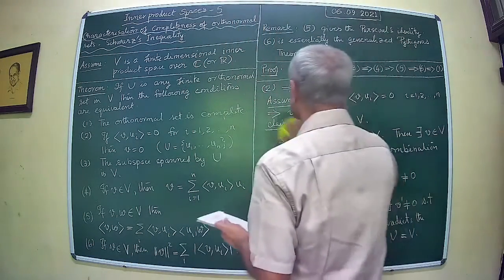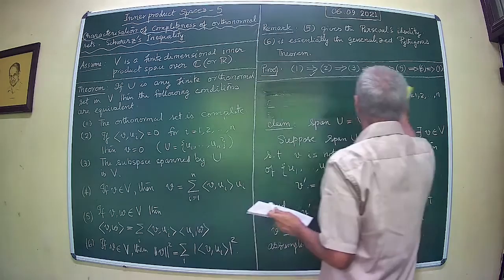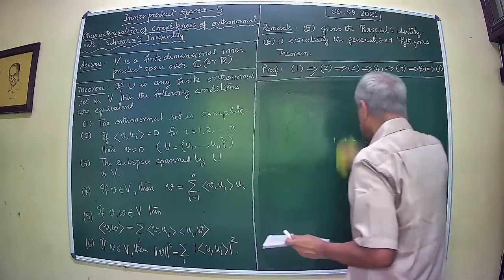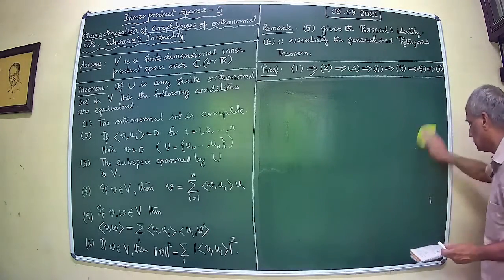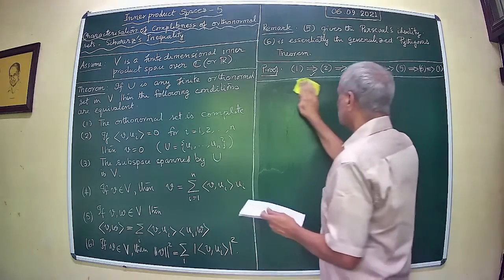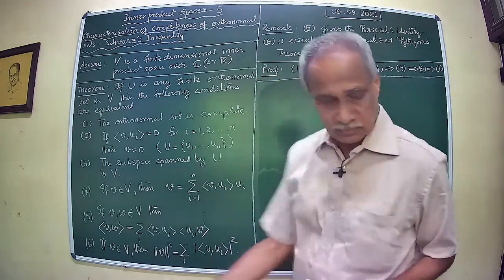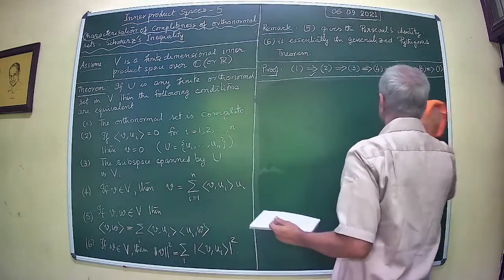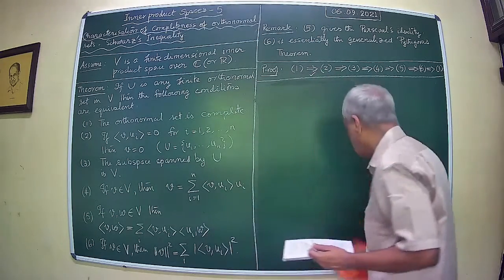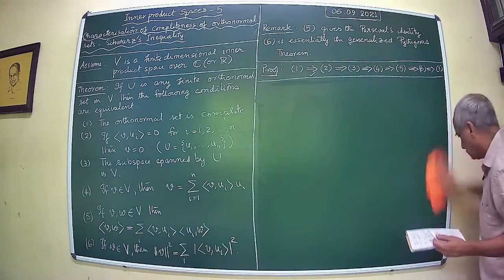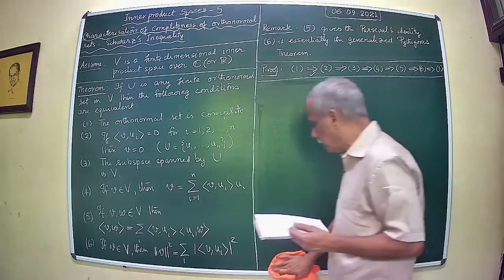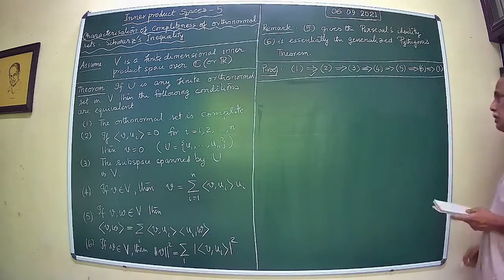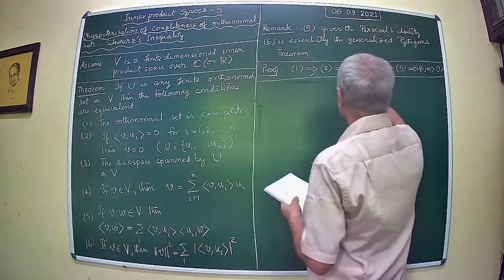Now let us prove 3 implies 4. At each stage we have to be clear about what we are assuming and what we are trying to prove. So this we have proved.